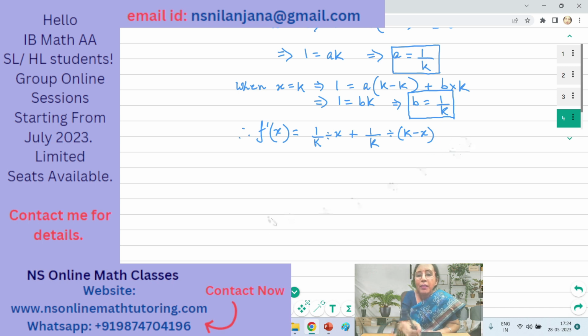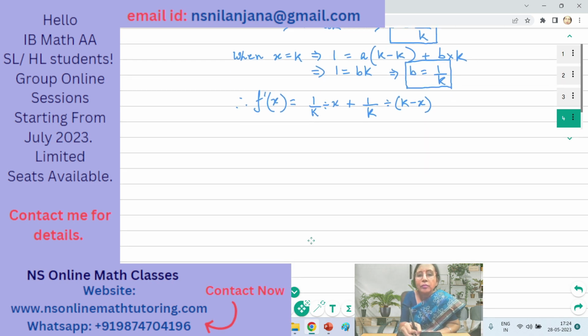So this will be equal to, divided by x in the first term is multiplied by 1 over x. Therefore, f dash x, the first derivative, will be equal to 1 over kx plus 1 over k times k minus x.